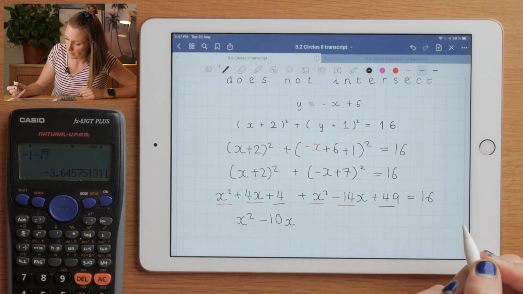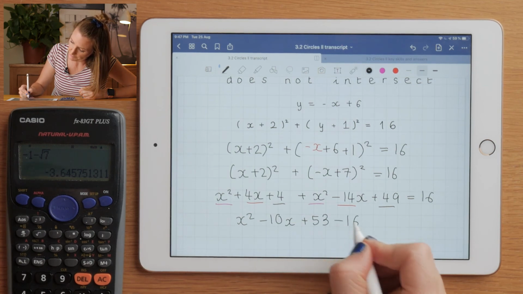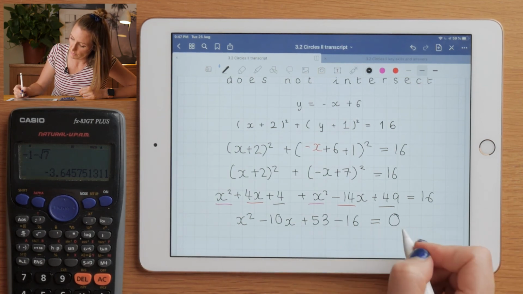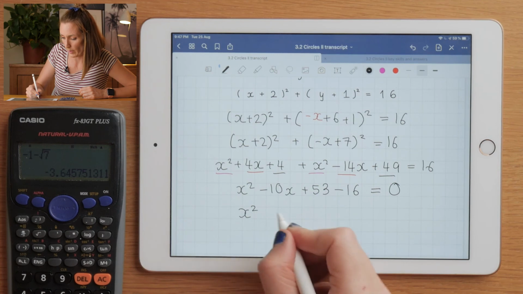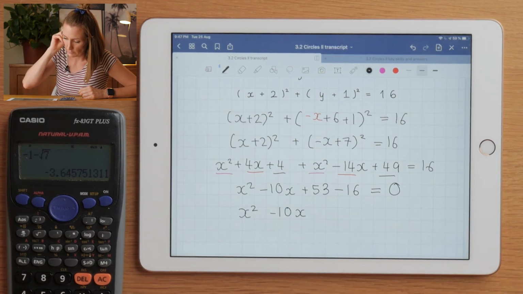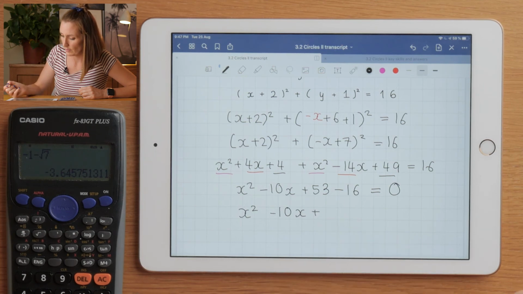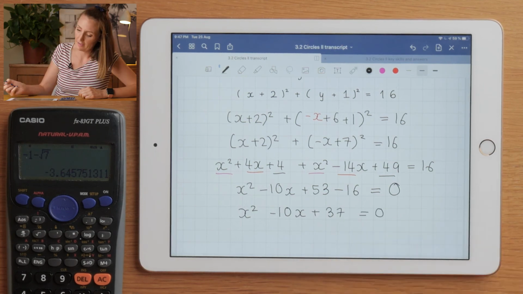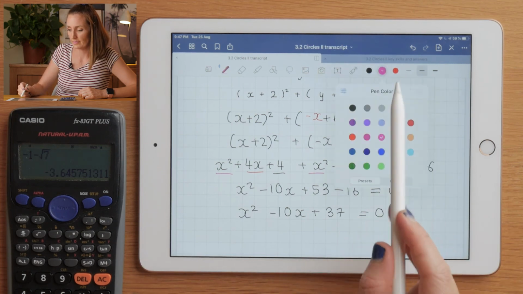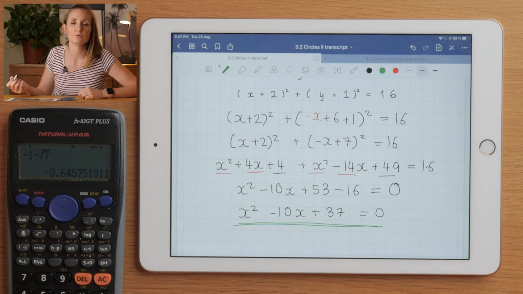Plus 4 plus 49 would be plus 53, and you bring your 16 over. So you want to have a 0 here, always with quadratics. And then you want to do 53 take away 16, so 37. If they do not intersect, this equation will have no solutions.